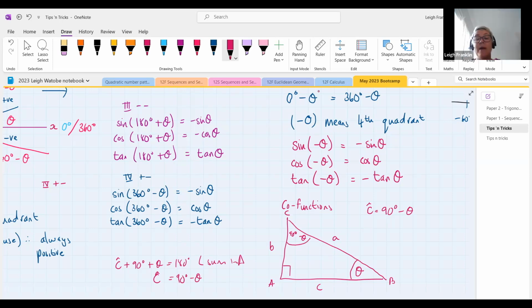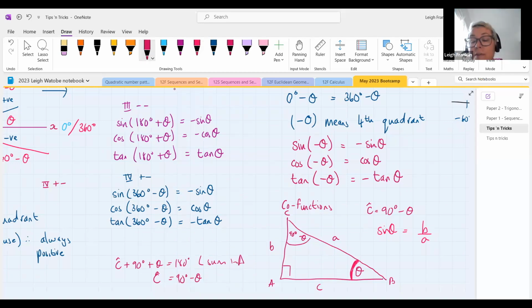So this links back to our co-functions. If I talk about the sine of theta, I'm using theta as my reference angle. In a right angle triangle, it would be opposite over hypotenuse, which gives us B over A. Now we're going to change our reference angle.